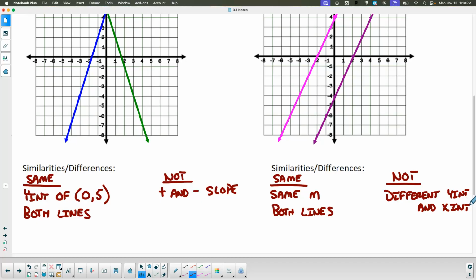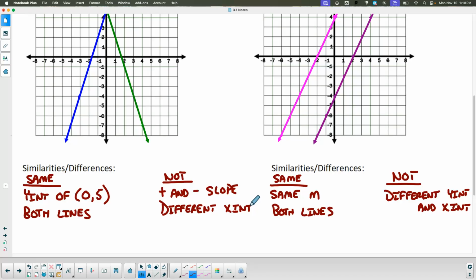Could say that over here too, right? Wouldn't the x-intercept be the same though? The x-intercept? No, it's different. One's at -2, one's at +2. One looks to be about -1 2/3, and one's at +1 2/3.